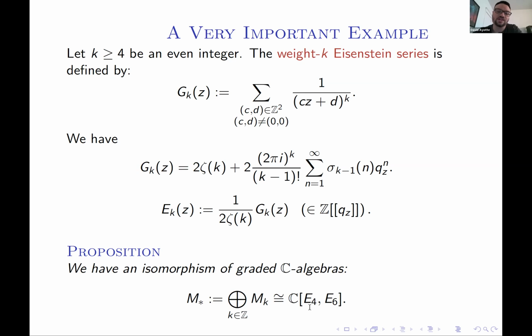Basically, this ring is generated only by two forms, E4 and E6. So the weight 4 and the weight 6 Eisenstein series generate all the other modular forms. This object was already implemented in SageMath when I started my project, but we had to make some very important changes to the code, and I will explain them later.